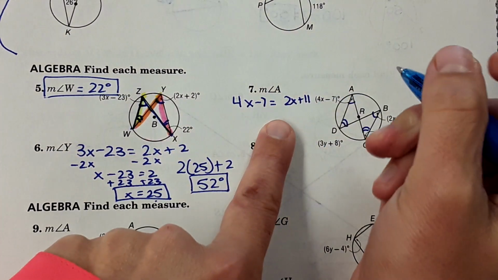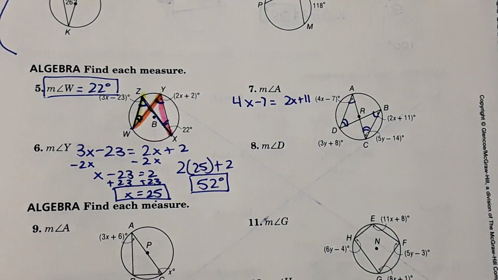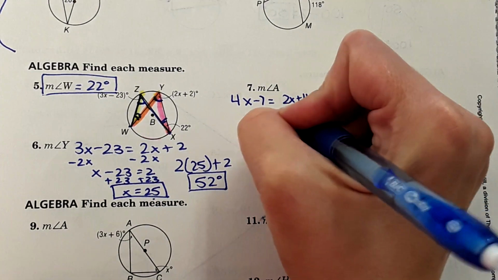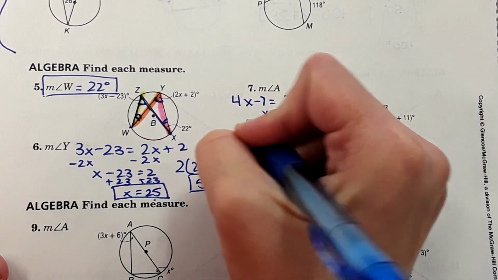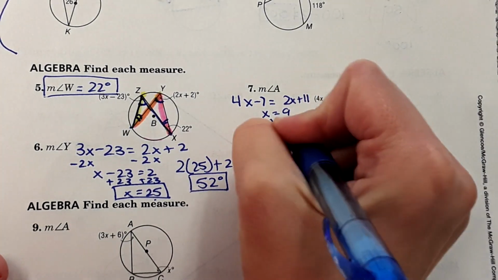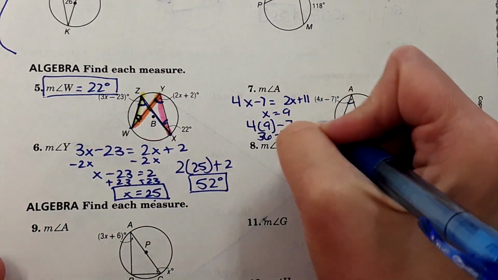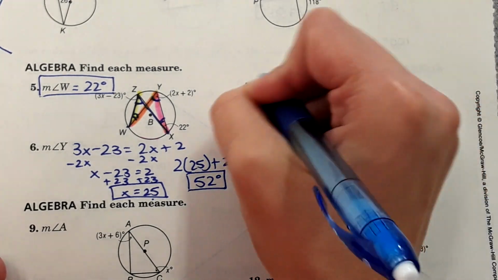If I were to solve this out, x would equal, I have my cheat sheet here. X equals 9. And then to solve for A, we can plug that back into the expression. 4 times 9 minus 7, 36 minus 7 is 29 degrees. So measure of angle A is 29 degrees.